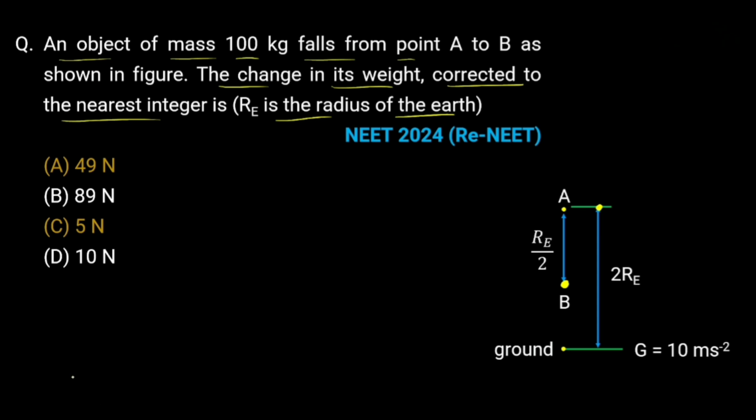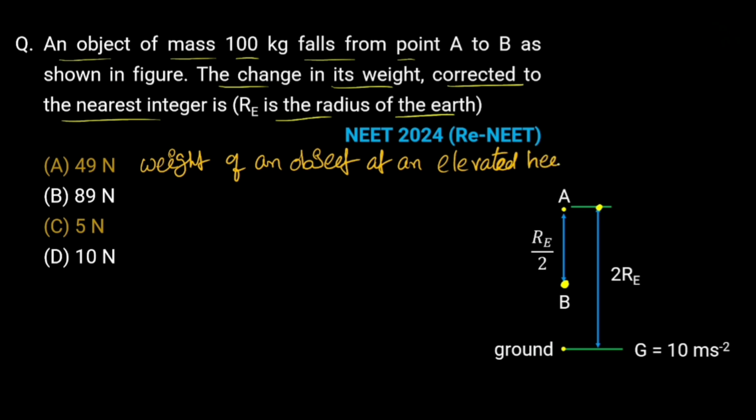As you know, the general formula for the weight of an object at an elevated height is mg dash equal to mg into R square by R plus h whole square.